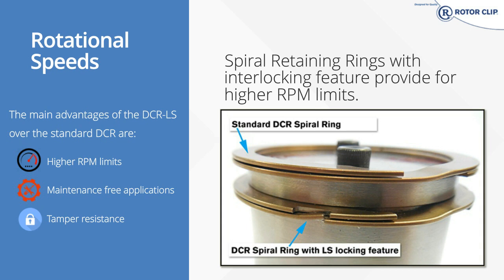But by adding a notch and a punch in the ring, we create a locking feature. On the lower ring, you can see this locking feature, and you can imagine as the speeds start to increase and that ring starts to open, the notch on the top catches on the prong that's sticking into that notch and prevents further expansion.